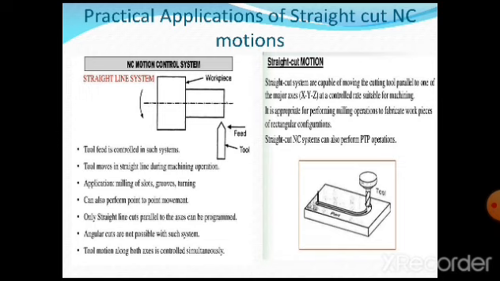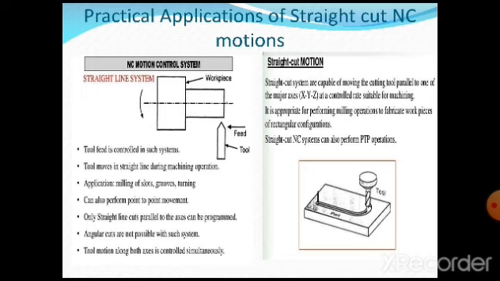Now in case of a straight cut system, if you look at the right hand side, straight cut systems are capable of moving the cutting tool parallel to one of the major axes at a controlled rate suitable for machining. So any one of the major axes is made to move at a time, and it is appropriate for performing milling operations to fabricate workpieces of rectangular configurations. Straight cut NC systems can also perform PTP operations.